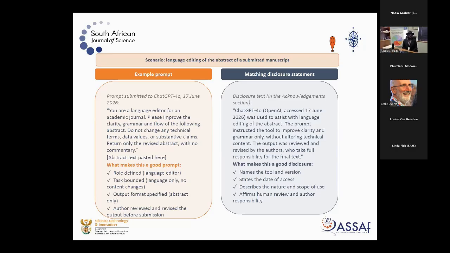The output was reviewed and revised by the authors, who take responsibility for the final text. And again, this is good, because the name and version of the tool were clearly disclosed, we stated the date of access, we described the nature and scope of the use, and affirmed that humans have reviewed it, and the authors' responsibility was also disclosed.